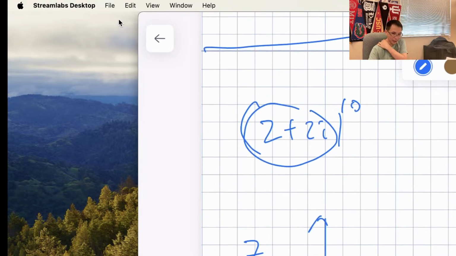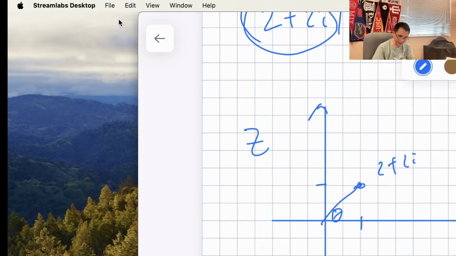Now, once we figure out pi over 4, we know this theta is pi over 4. Do I know the modulus? 2 plus 2i is going to be the square root of 2 squared plus 2 squared, which is the square root of 8, which is 2 root 2. So we figure out R equals 2 root 2. Now remember, we have Z to the 10th power.